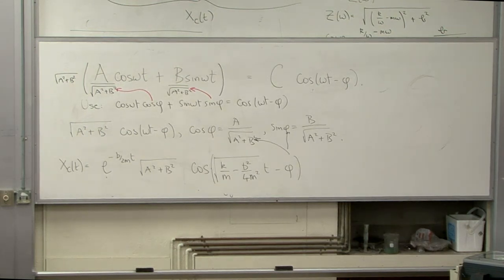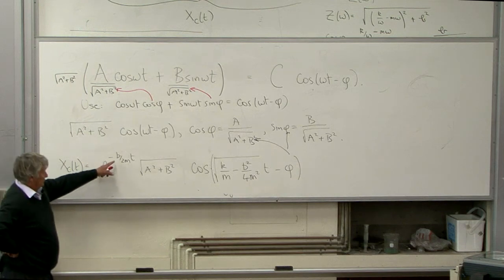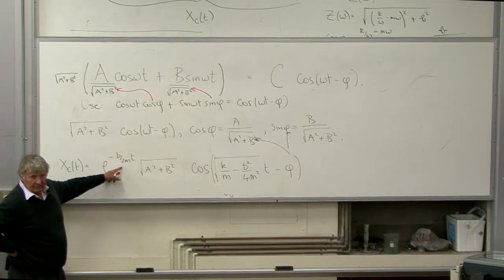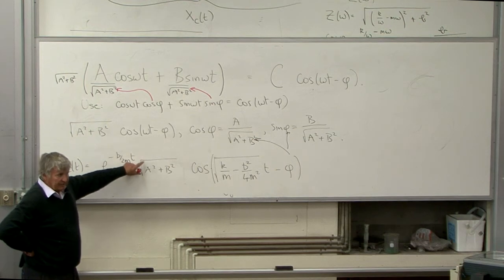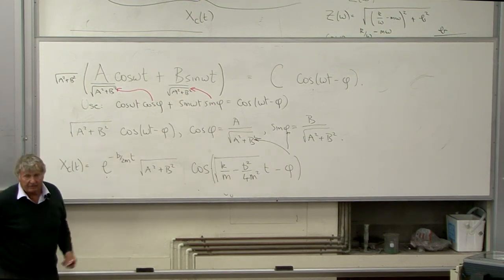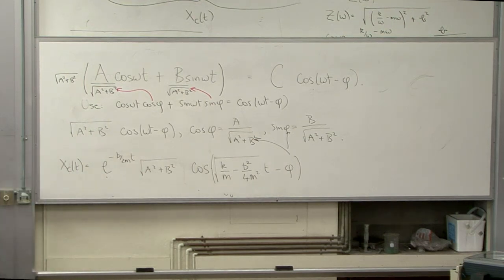What would stop me doing that? Well, it's the fact that you have this decaying term. So if I put little t into t plus big T, there will be a factor of e to the minus b over 2m big T.